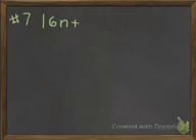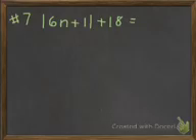Question number 7. The absolute value of 6n plus 1 plus 18 is equal to 8. Now again, we need to isolate the absolute value symbol so that we can then reverse that absolute value operation. So first we take away 18 from both sides.